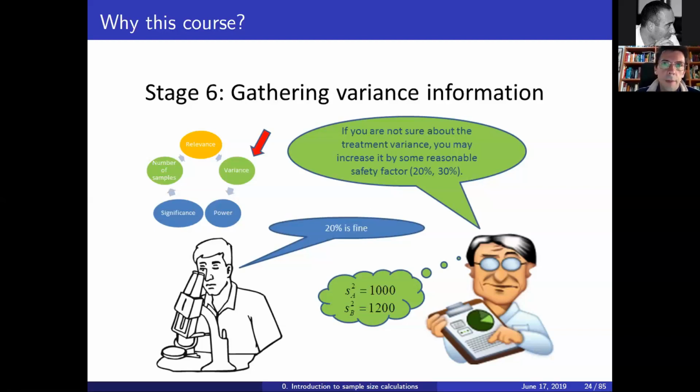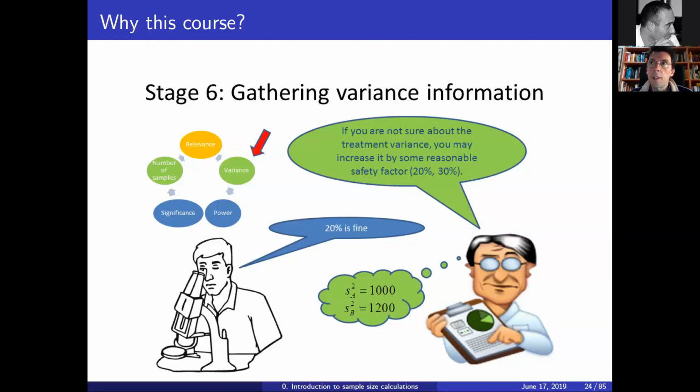But if your measurements go up, for instance, you want to increase the concentration of, I don't know, this particular metabolite in blood, typically the variability also increases. So it depends on which kind of experiment you are doing. You may have to decrease or increase the variability.